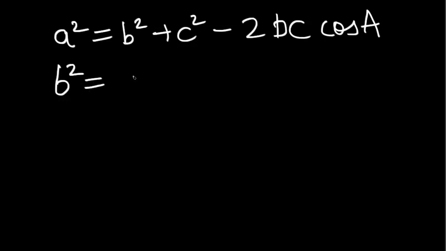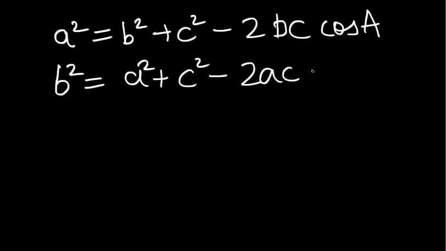So b square is equal to the squares of the other two sides minus 2 times the product of the other two sides, 2 times a times c, multiplied by the cosine of the angle included between these two sides, which is B. And similarly you can do the same thing for c square. This is essentially the cosine rule, and I want you to remember this and add it into your toolkit, or your virtual memory, as I like to call it. We are going to be using this along with other results in order to solve problems.